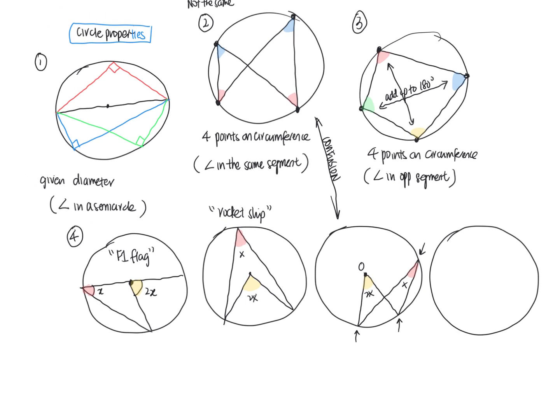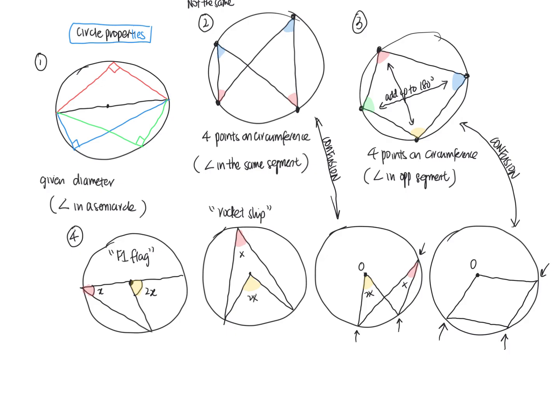Then the next case, you will often confuse with the quadrilateral also. But there are 3 points on the circumference, and 1 point on the center. So you will often confuse yourself with this. So take note, if not all 4 points are on the circumference, they are not the same. This one is angle at center, twice angle at circumference.